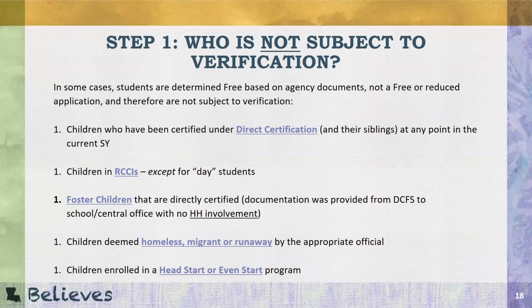Foster children that are directly certified, where documentation was provided from DCFS to the school or central office with no household involvement, are not subject to verification. Children deemed homeless, migrant, or runaway by the appropriate official are not subject to verification, as well as children enrolled in a Head Start or Even Start program.